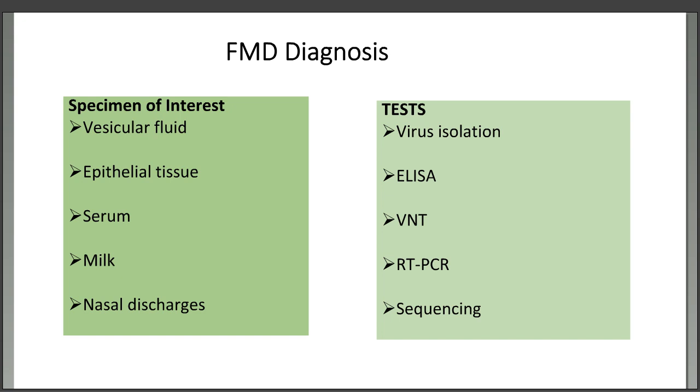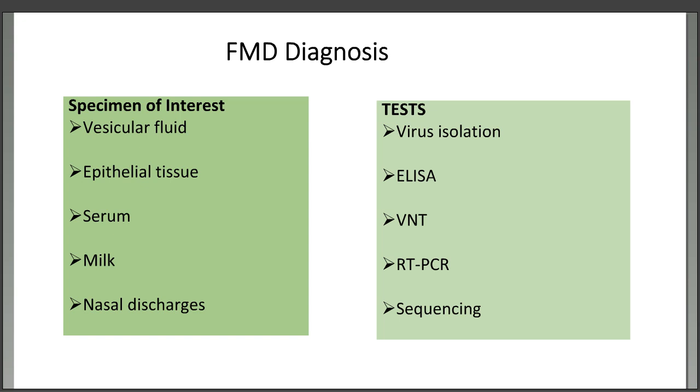So, just to talk about samples of interest in terms of isolation and serology, we may be using ELISA. In Nigeria, we basically go after the vesicular fluid. If we cannot get the vesicular fluid within the 3 days of the incubation period, we target fresh epithelial tissue, and we get serum samples to identify whether these animals have antibodies to FMD.